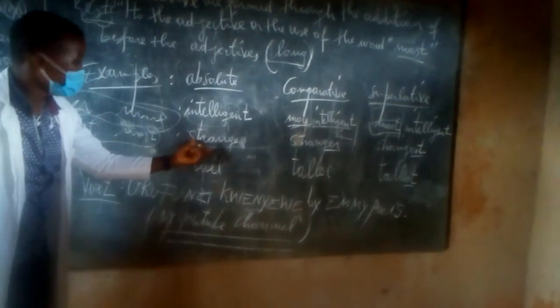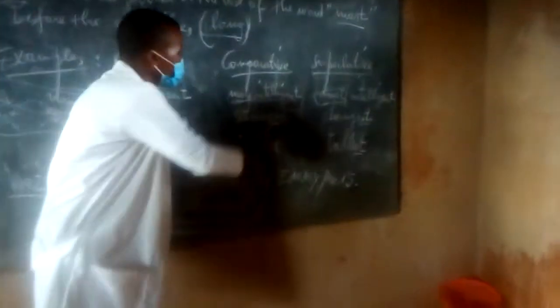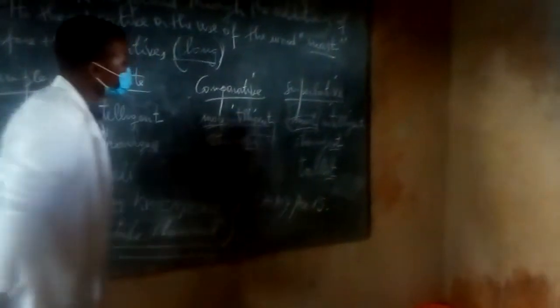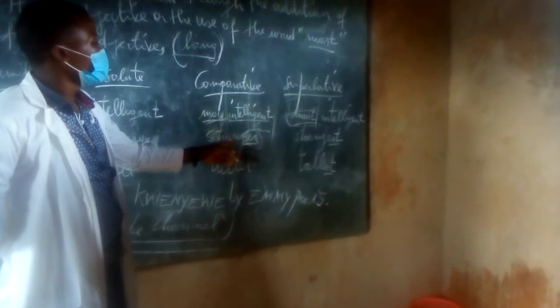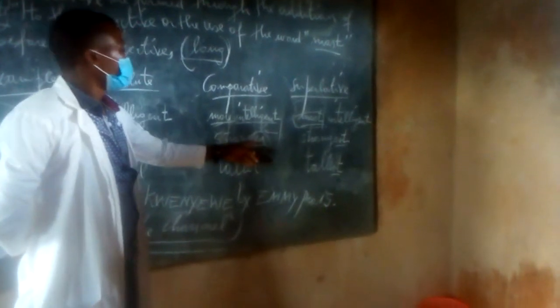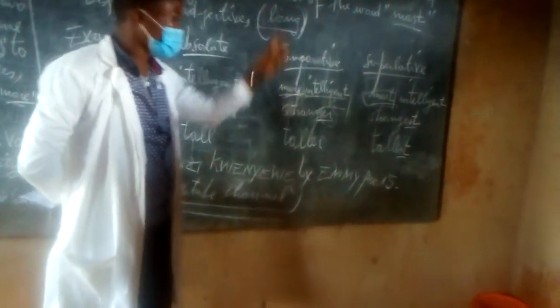We have strange, and a stranger is the comparative. It is not more strange because that adjective is short. And you have strangest.